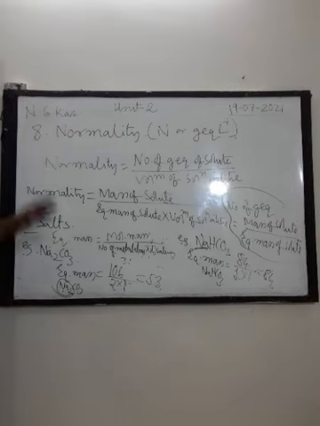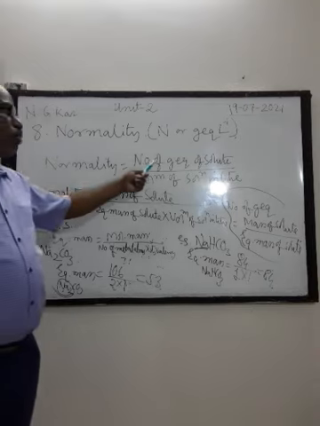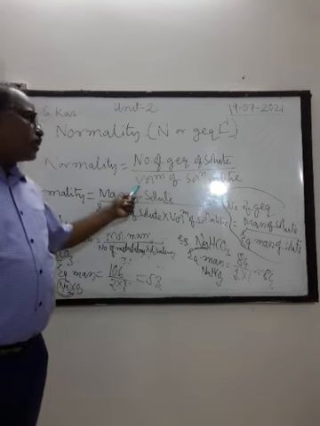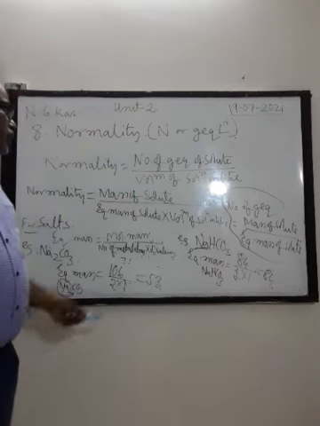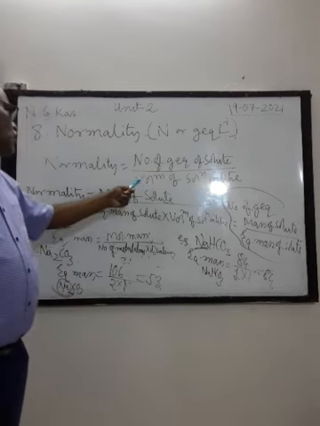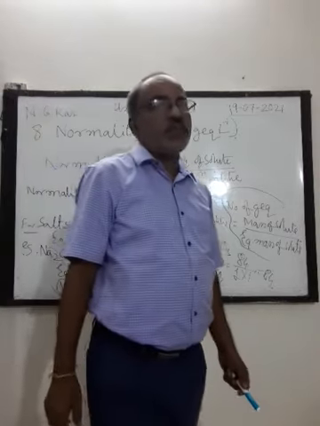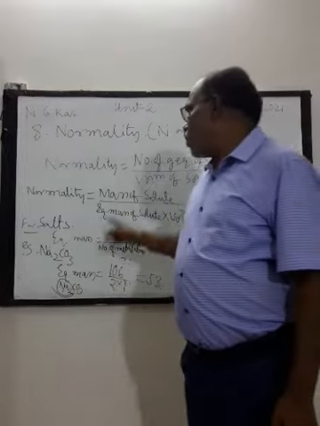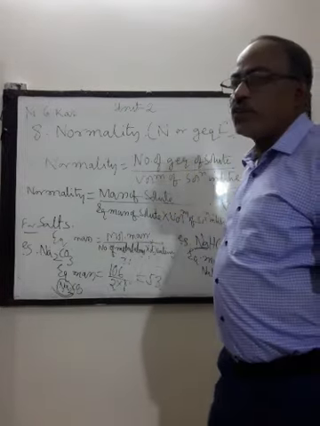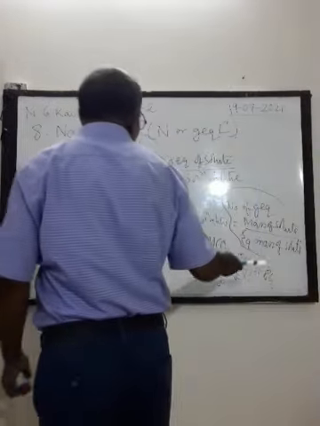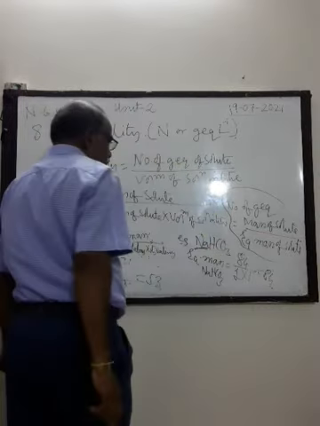So this is all about normality. First of all, what is normality? Normality is the number of gram equivalents of solute present per liter of solution. Since the volume term is related, the value of normality changes with temperature, like molarity. Now what is the number of gram equivalents of solute? It is equal to the mass of solute divided by equivalent mass.